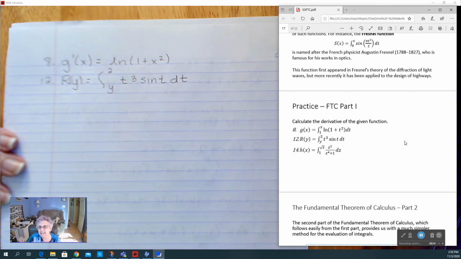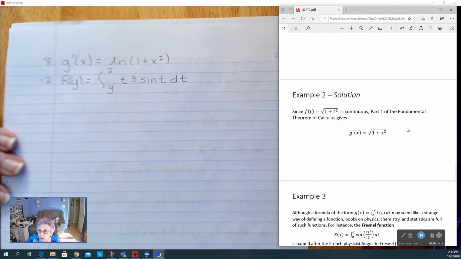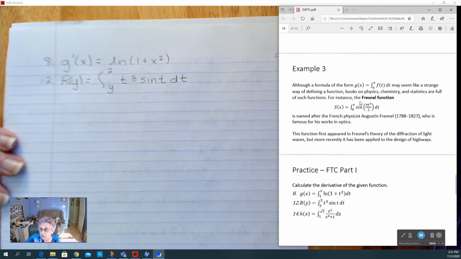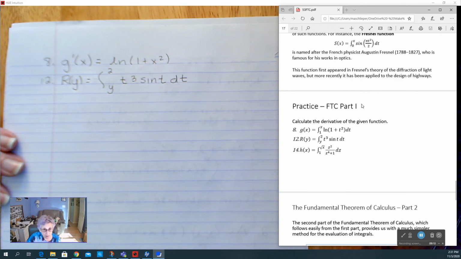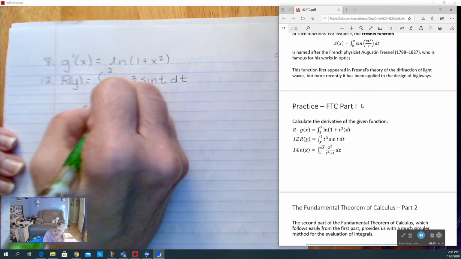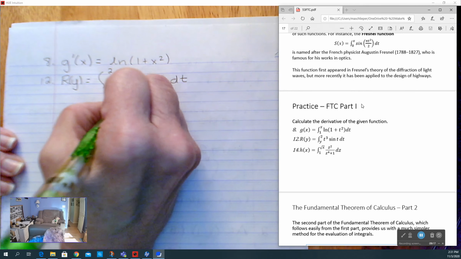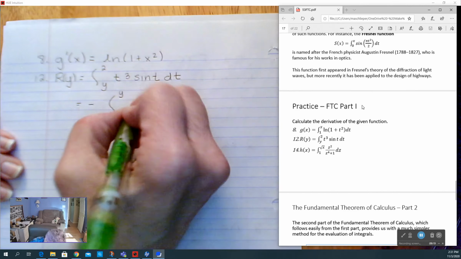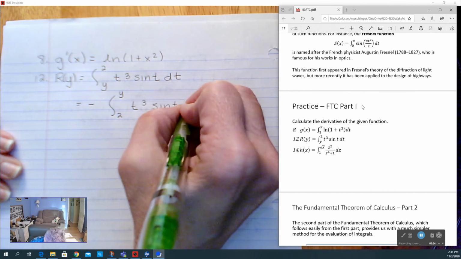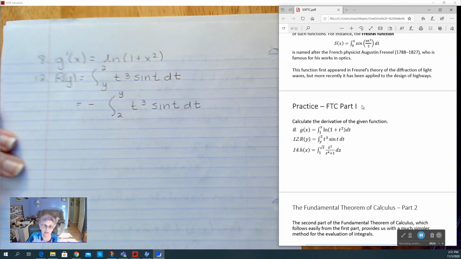I want it to look exactly like that Fundamental Theorem of Calculus, Part 1, and that has the number at the bottom, the constant, and the variable at the top. So thank goodness we learned those properties of integrals, because this is equal to the negative of the integral from 2 to y of t cubed sine t dt.